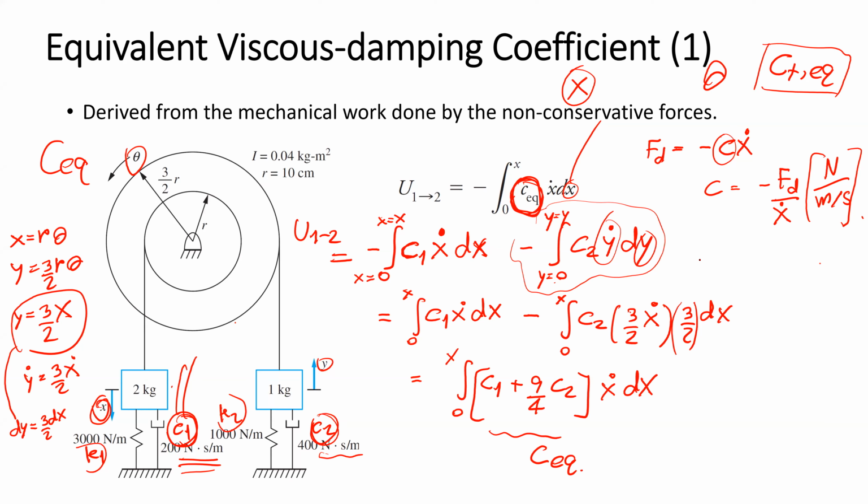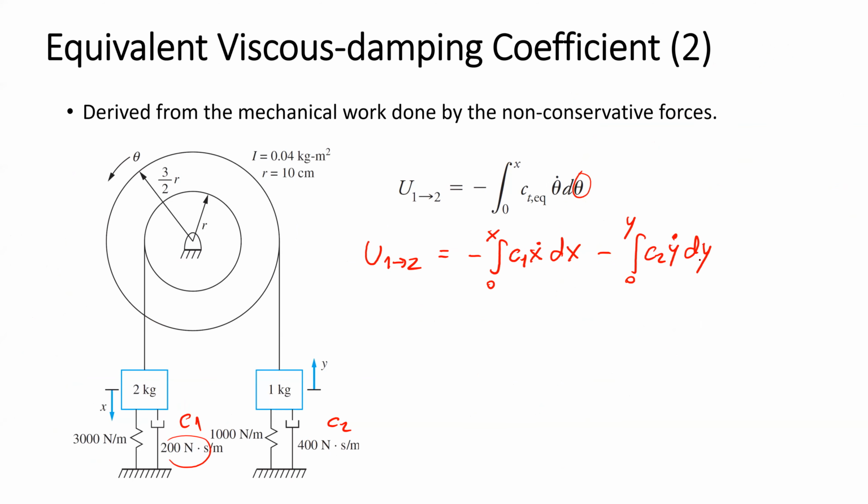And how can we transform both x and y to theta? x equals r theta, y equals 3/2 r theta, right?